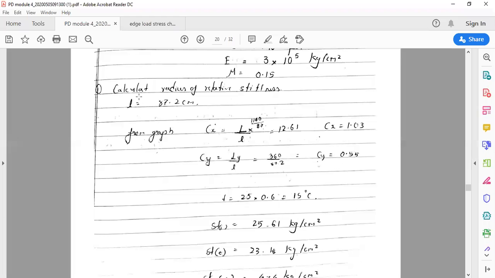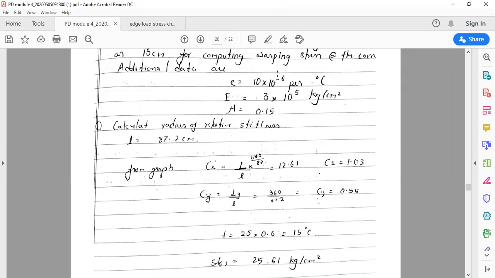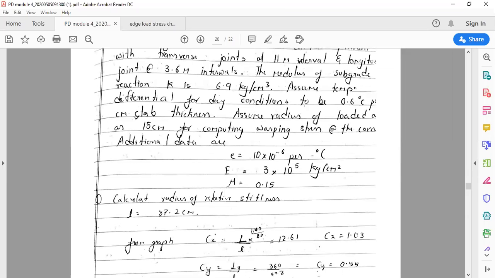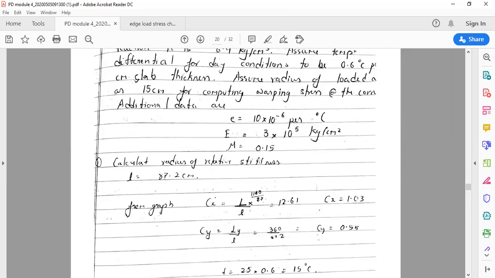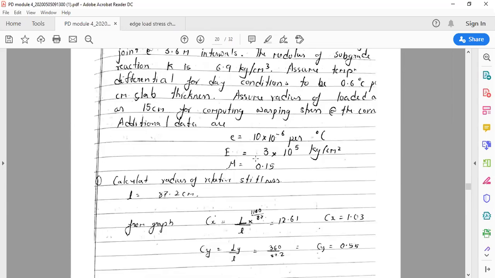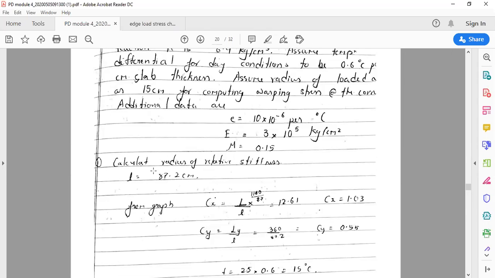We need to find the radius of relative stiffness first, again using E h cube divided by 12 K into 1 minus mu square, whole raised to 1 by 4. Substitute all these values. K is given, h, the thickness of the slab, everything is given. Just substitute and find the radius of relative stiffness.